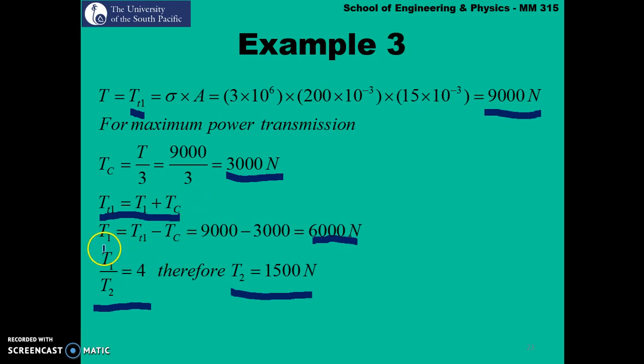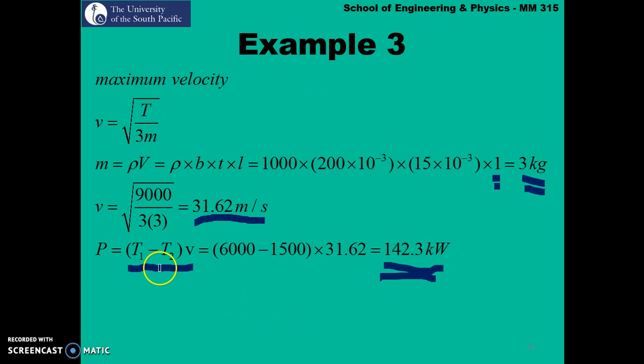Now we can find T1 using this relation. So we get 6,000. Using the tension ratio, we get T2 to be 1,500. To find the velocity, you need to find the mass. The mass of the belt was 3 kg. Substituting everything, we get our velocity, and finally we get the maximum power to be 142.3 kilowatt.